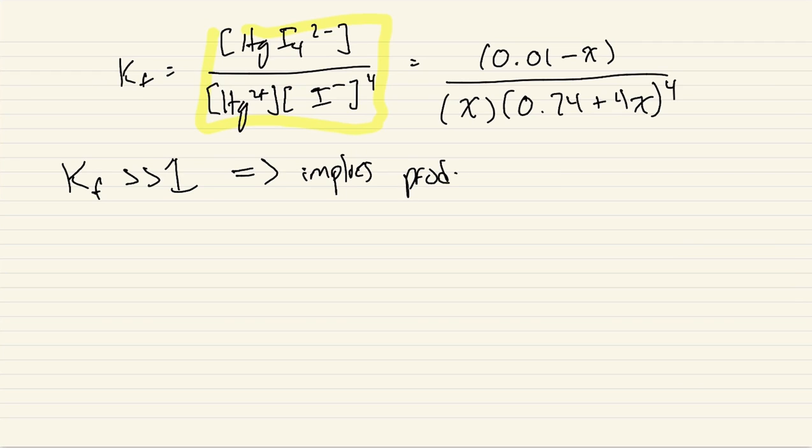Products are favored at equilibrium. And if the products are favored at equilibrium, if we're moving to form reactants, how should the value of x compare to this value right here, right? If this is something like 10 to the 30, that's huge. Products are super favored, right? So this change should be what?